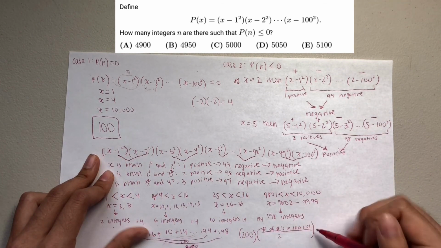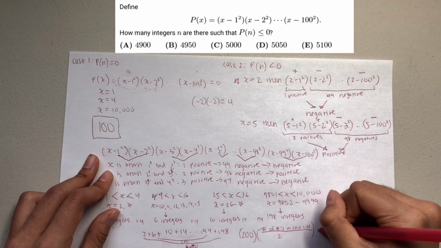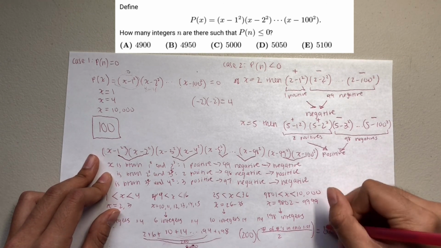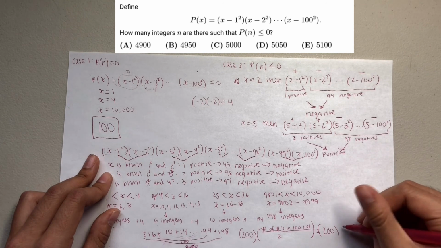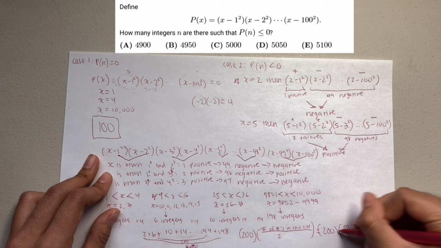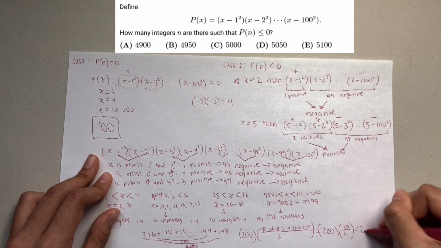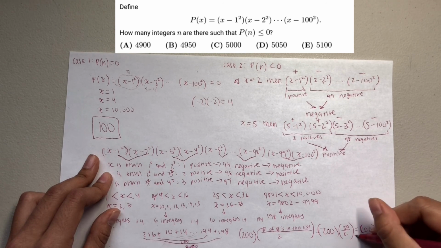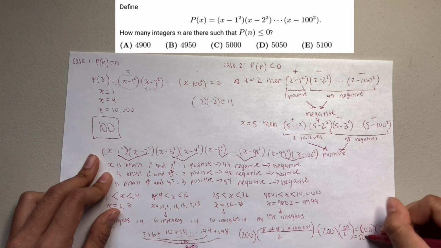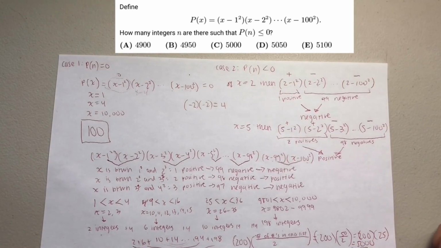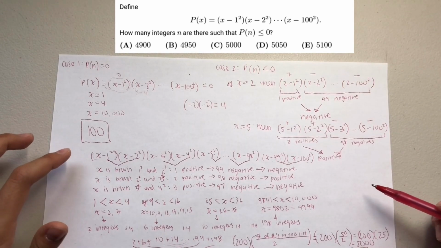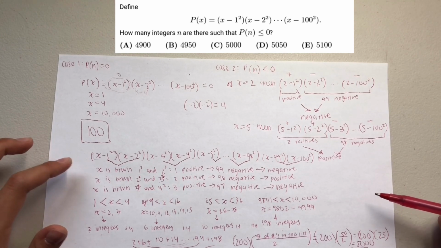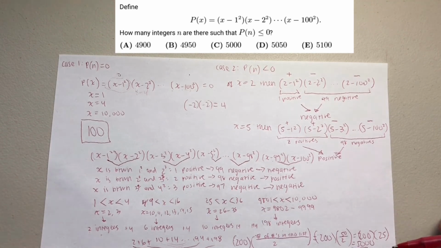So the number of numbers in this list is equal to 50. And so this entire thing is equal to 200 times 50 over 2, which is equal to 200 times 25. And so that is equal to 5,000. So 5,000 plus 100 is equal to 5,100. And if you look at the answer choices, that is answer choice E.